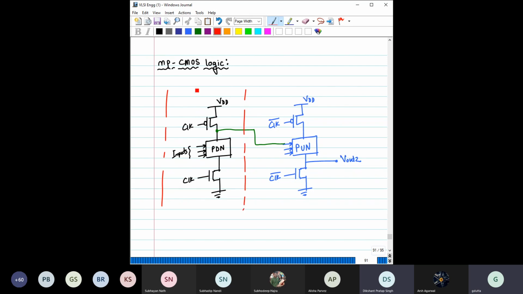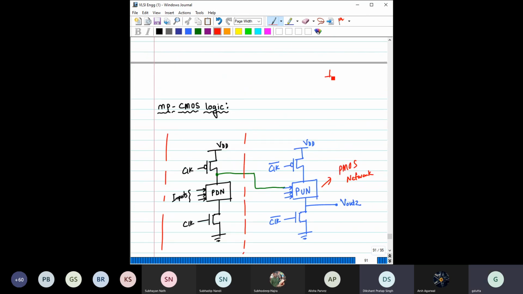If you notice the second one, we have used here this pull-up network. Pull-up network means basically it is the PMOS network. You remember, for any static CMOS design, we have designed it like this: VDD, here V in, here V out.